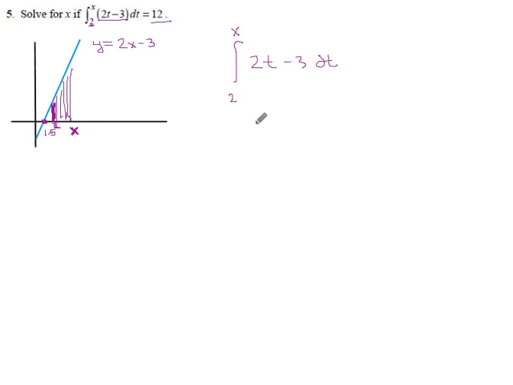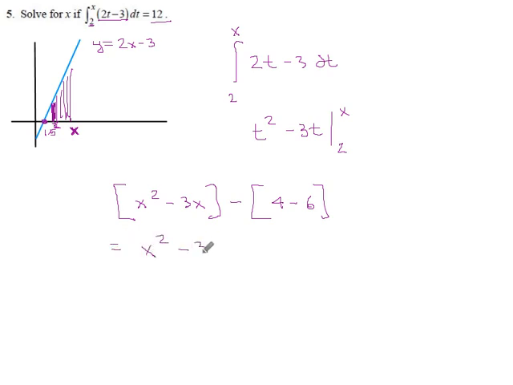The antiderivative of this is t squared minus 3t plus a constant that I'm ignoring, from 2 up to x, which gives us, first we plug in x, which is easy, and then we plug in 2, which is a tiny bit more work. 2 squared is 4, minus 3 times 2 is 6. And so we get x squared minus 3x minus 4 plus 6, a total of plus 2. And that has to come out to 12.